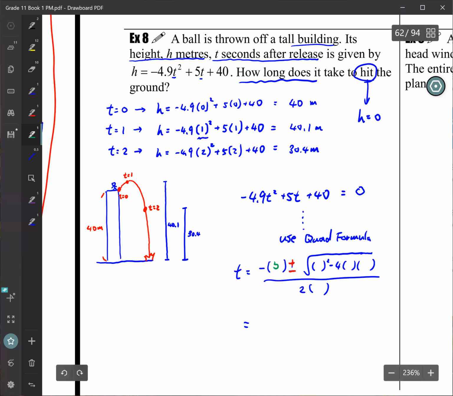Negative b plus minus the square root of b squared minus 4ac, over 2a. When you type into your calculator, make sure you have everything on top in brackets. Get the answer first, then divide by everything at the bottom.